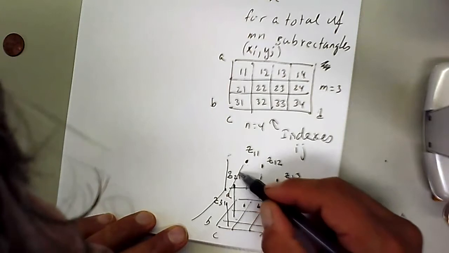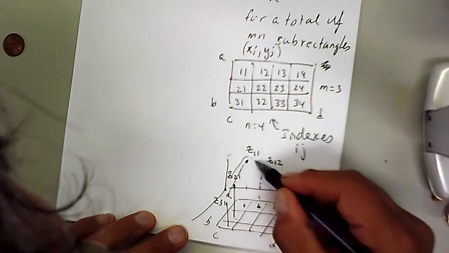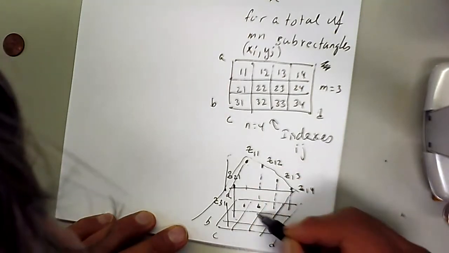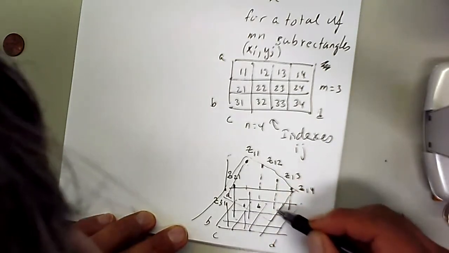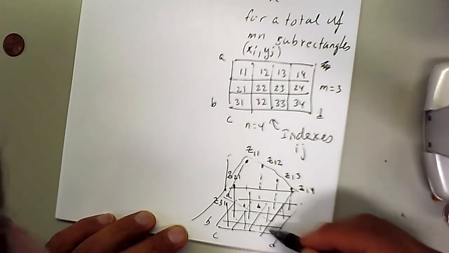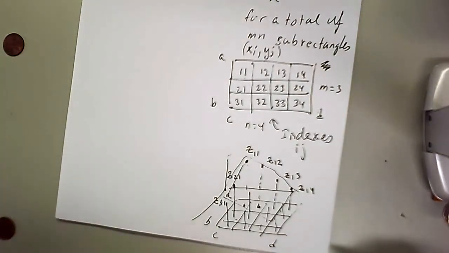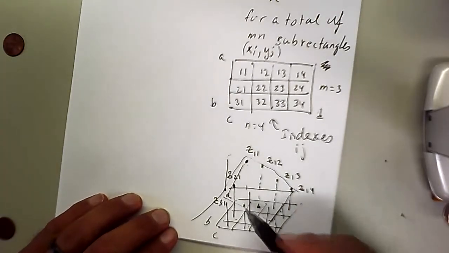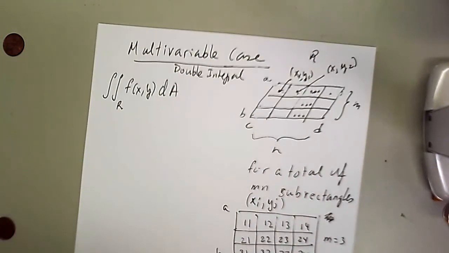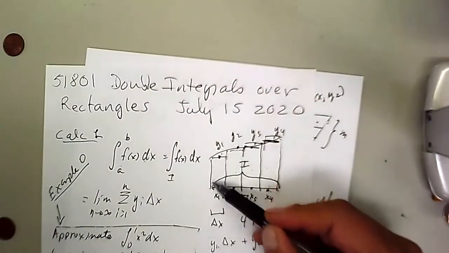So then we don't necessarily connect them, but we have some kind of surface up here, and then each one of those is going to have its own output. Okay. So what are we going to add together? Back here, we were doing areas, the area of this rectangle.